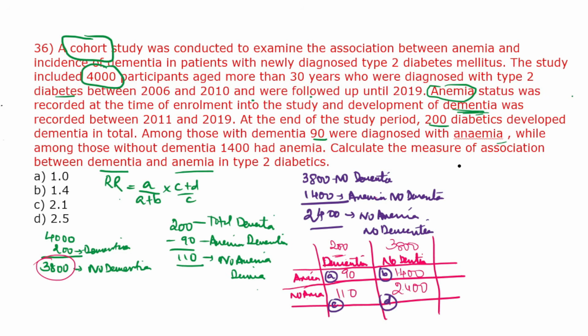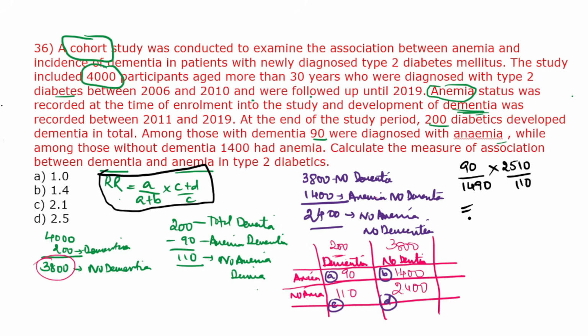Now let us calculate the relative risk. We substitute all the numbers. A by A plus B, that is 90 divided by 90 plus 1,400, which is 1,490, divided by C by C plus D, that is 110 divided by 110 plus 2,400, which is 2,510.